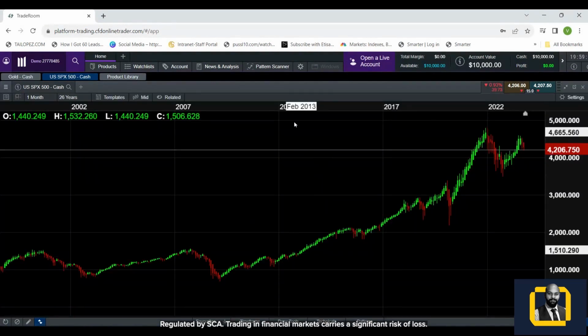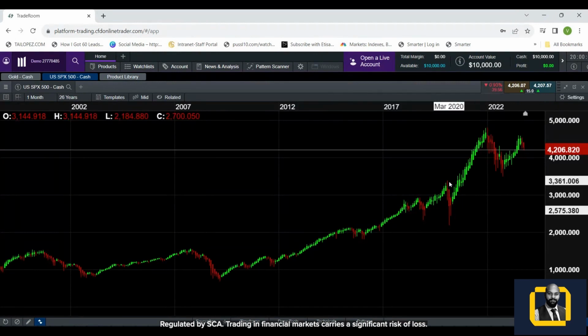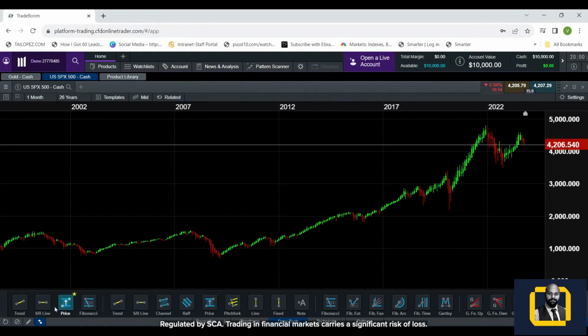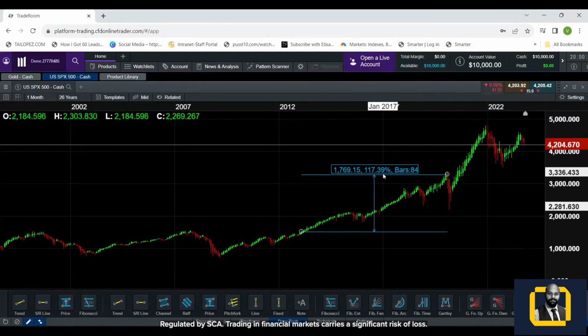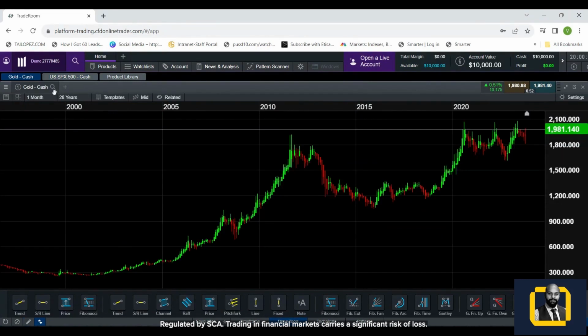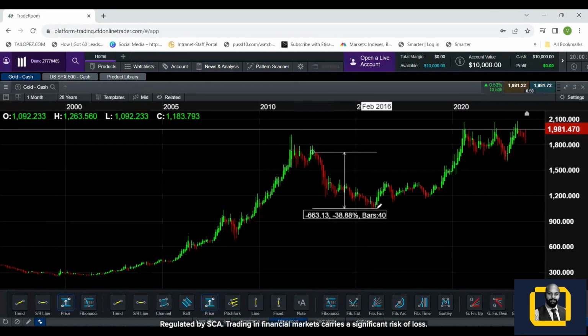So this is 2013 and this is 2019, right? So if you are to invest the same money from 2013 to 2019, you would have technically made 117% return on SPX, whereas gold, technically whoever bought at the high would have been making a loss initially, okay, of 38% loss.